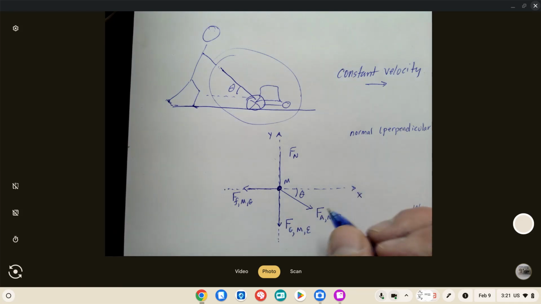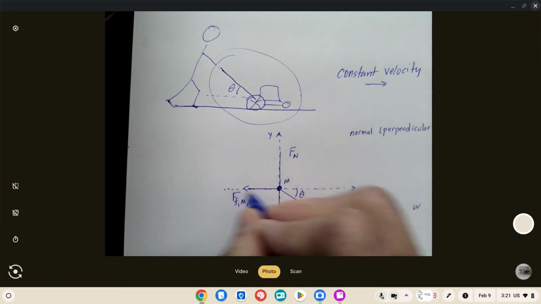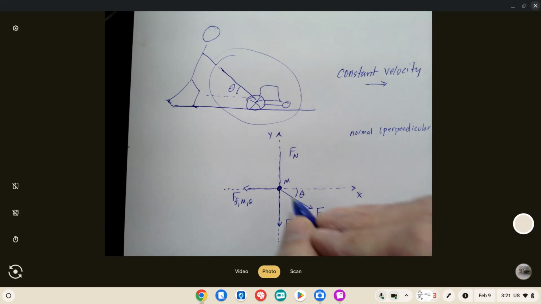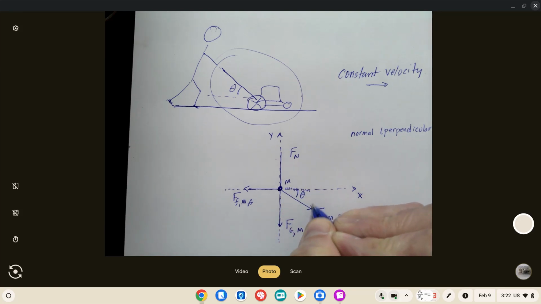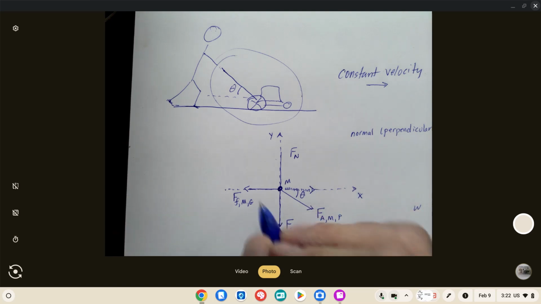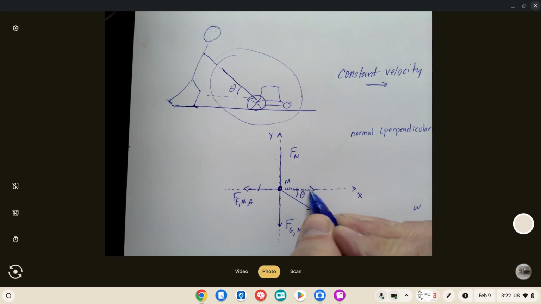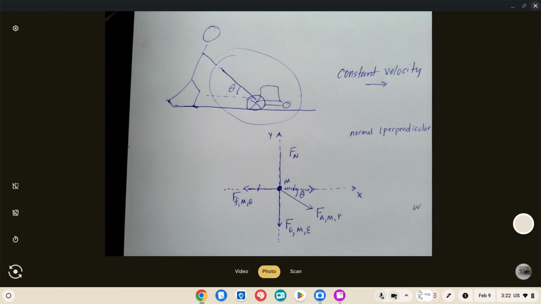So to move at constant velocity, I need the forces left and right to balance. So I need this part right here of this force, this component of the applied force, to balance this. And I'll show that I meant to make them the same length by just drawing slash lines. I need this normal force to balance this piece of the applied force and the force of gravity.